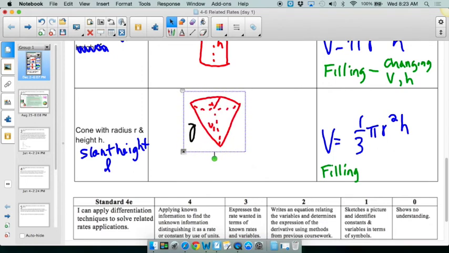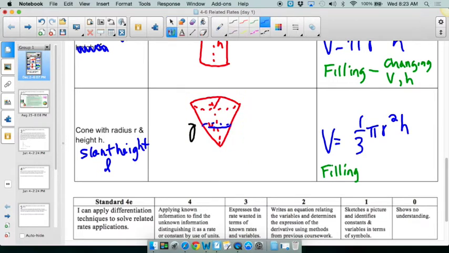In fact, I saw some of you drawing it like this, kind of like those little paper cups that you use at the water things. As we're filling this, let's pretend that's water there. Is the volume of water changing as we fill that up? Yeah. So we've got changing volume.